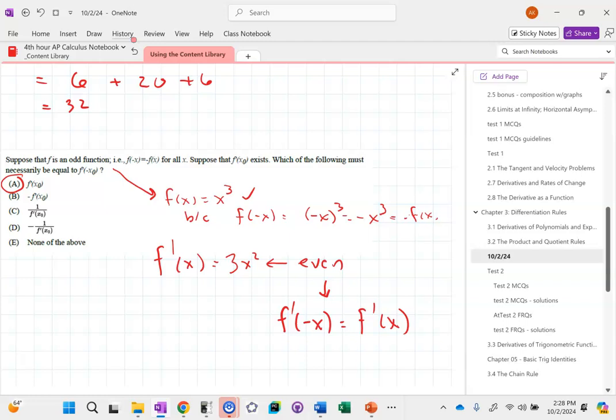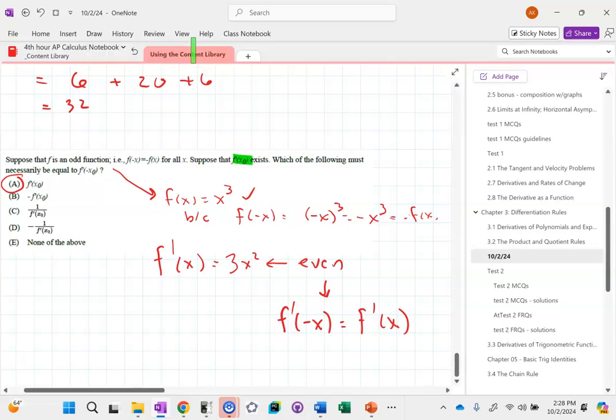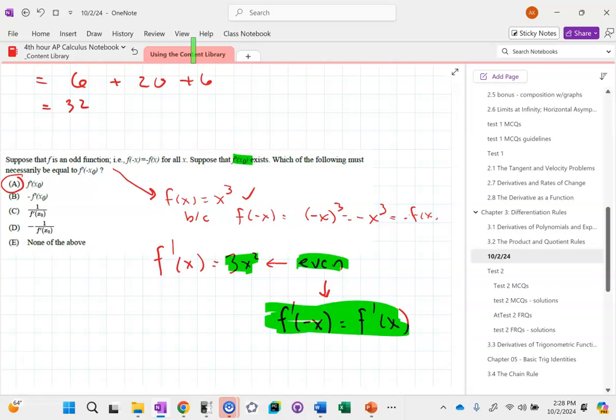Because when I take the derivative of my odd function, it's something like 3x squared. So it's going to give me an even function. So this property needs to hold. Now, there's a better way of doing that using the chain rule that we haven't learned yet.